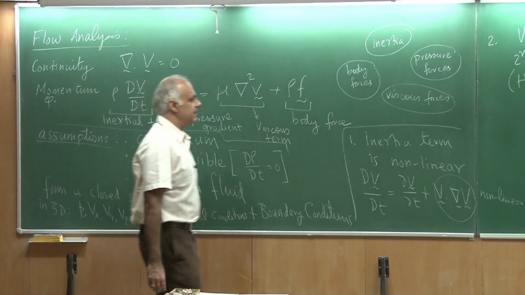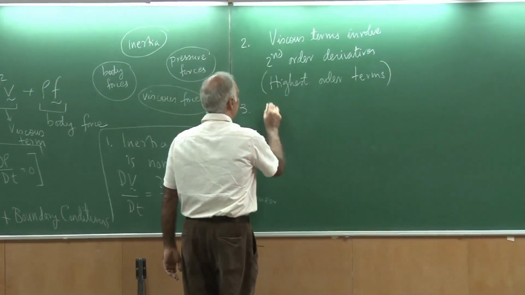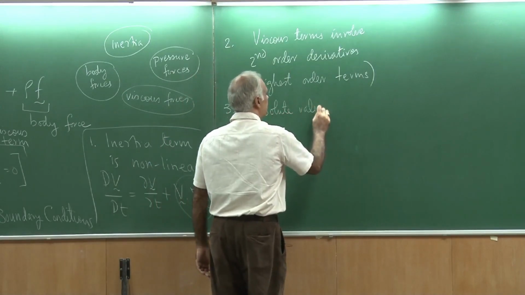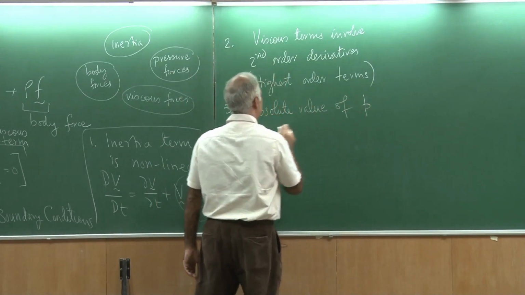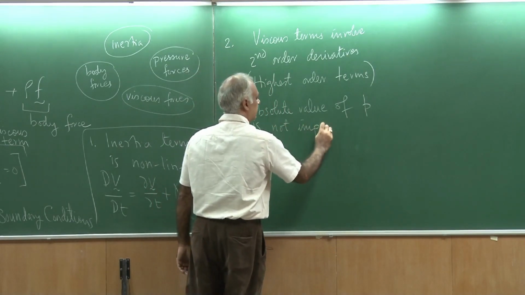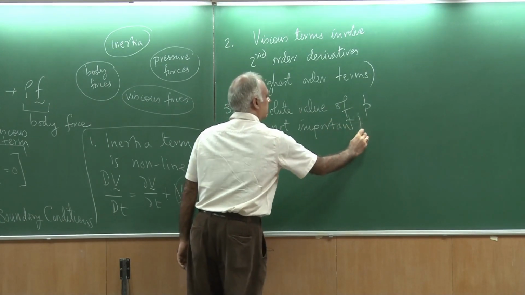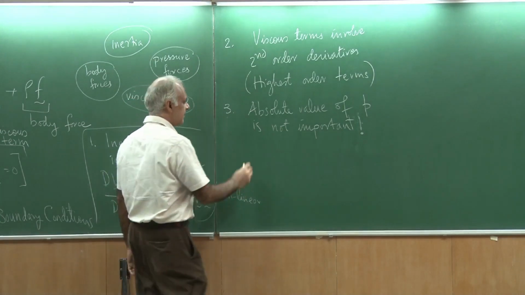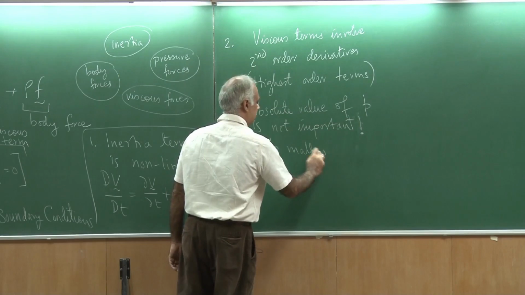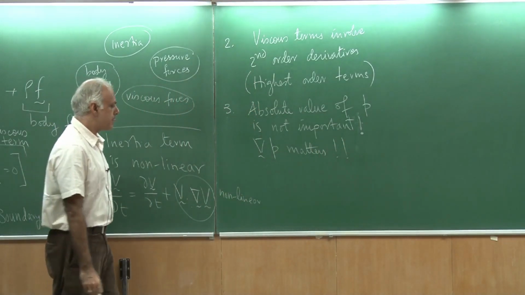Okay. The third observation is about the pressure. Okay. So the absolute value of P is not important. What matters is the gradient of P. Okay. So I could take a pressure field.